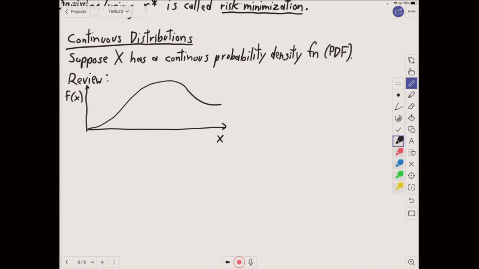Suppose that I choose a random variable from that distribution, and I want to know what is the probability that that random variable falls somewhere between x1 and x2. Well, the answer to that question is we want to look at the area under this portion of the curve. And that's our probability.